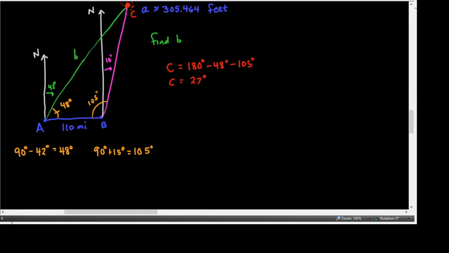So that's 27 degrees up here. Well, that's opposite the side of 110 miles. So we have that pair that we can use to solve for the unknown B.